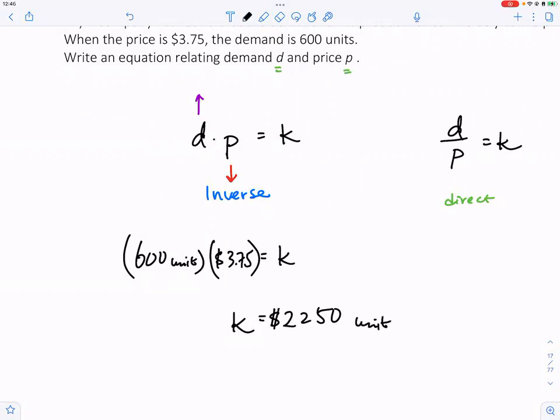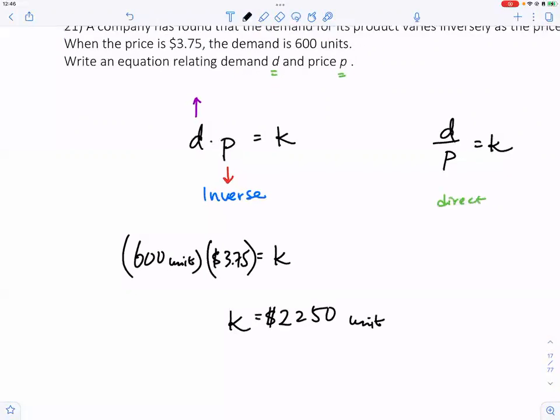Not per unit, just times unit. This is the unit of K. It may or may not mean much to us because it's dollar times unit, not per unit. It's not a division, they are multiplying together. So this is the K.